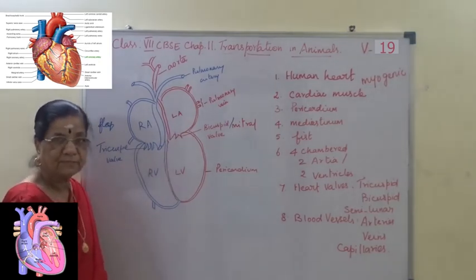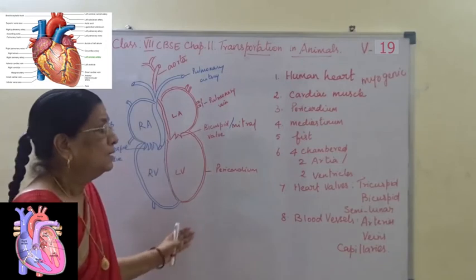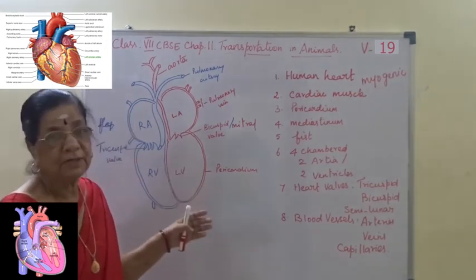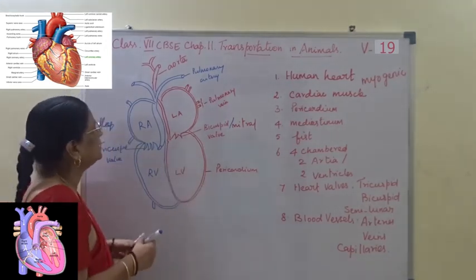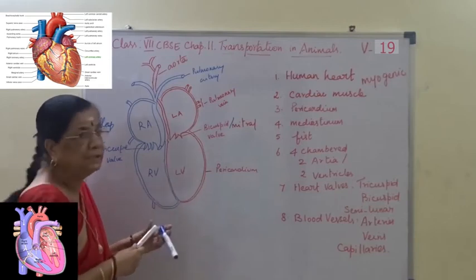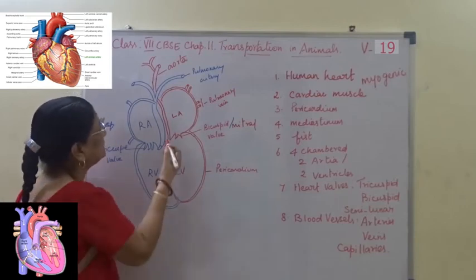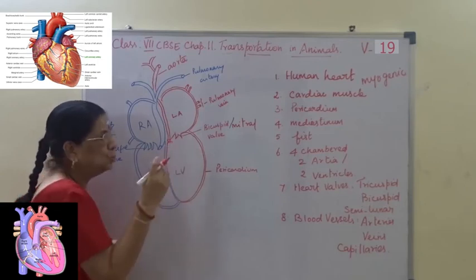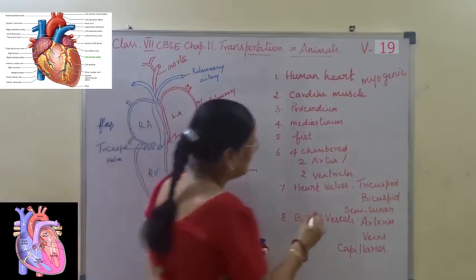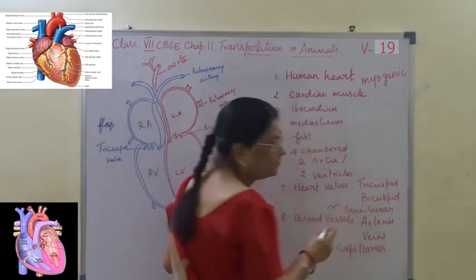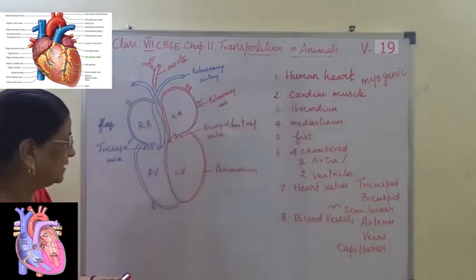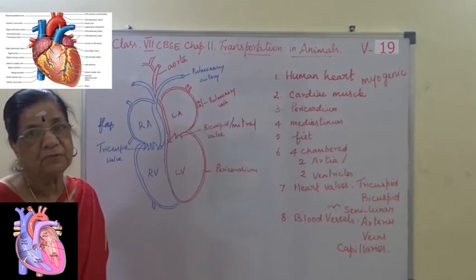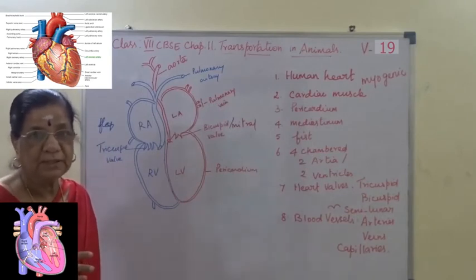Are you clear? Then the another valve called semilunar valve will be present in the left ventricle region, as it is forming a lunar shape as semilunar valve like this. We will be having semilunar valve. Are you clear?